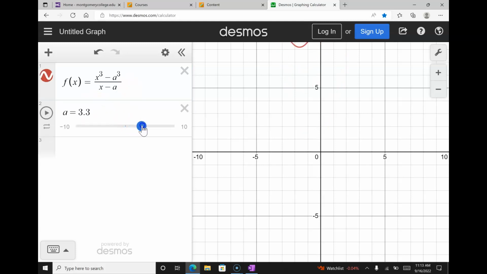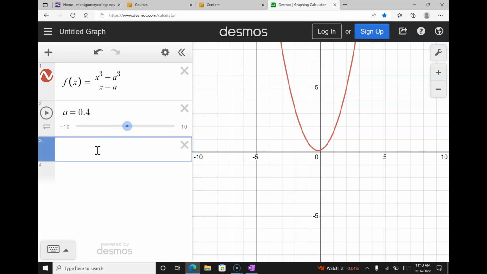I can't really see where the missing point is, but I can plot the other point. The other point I want is x comma, sorry, x is going to a, so a comma c. And there's another slider.